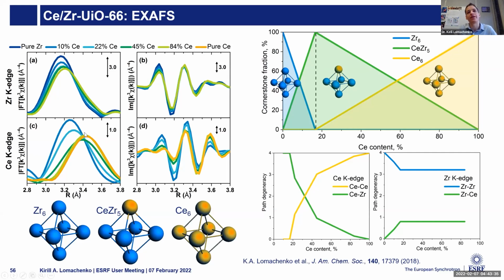And so you should have higher intensity for low cerium content and for very high cerium content, and that's what happens at the zirconium K edge. This qualitative hypothesis would imply that we should have basically high intensity of the main maximum at lower concentrations of cerium, because the fraction of pure zirconium 6 octahedra would be the highest.